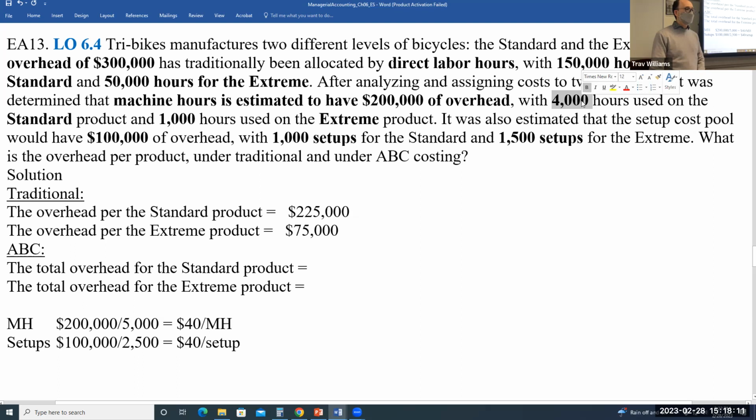Okay, so we take 4,000 machine hours times the $40 rate. That's going to be $160,000 of overhead. Then you said add that? Is that what you said, Drew? Yes. And what do we add it to?